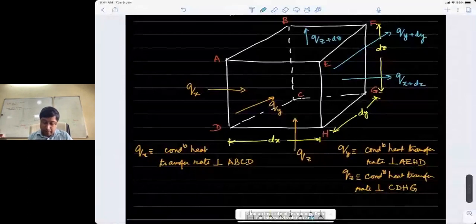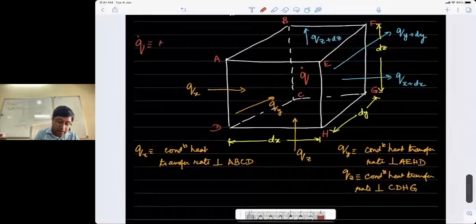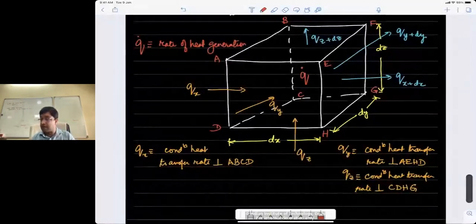To make the problem a little general, let's also say that this homogeneous medium also had a rate of heat generation, which I'm going to write as Q dot. So Q dot is the rate of heat generation, which is on a volumetric basis.